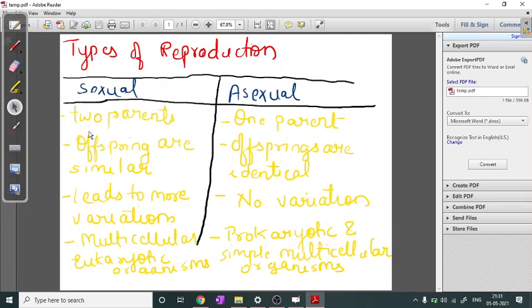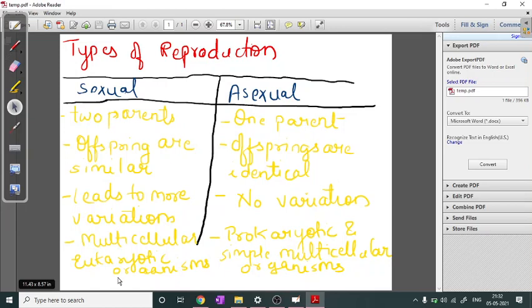The last point here says this type of sexual reproduction takes place in complex multicellular eukaryotic organisms. There are some eukaryotic organisms which are multicellular, which undergo the process of sexual reproduction, like humans, birds, basically mammals.